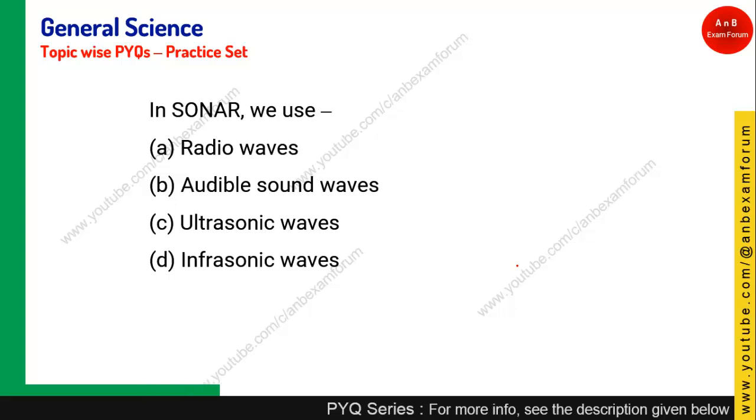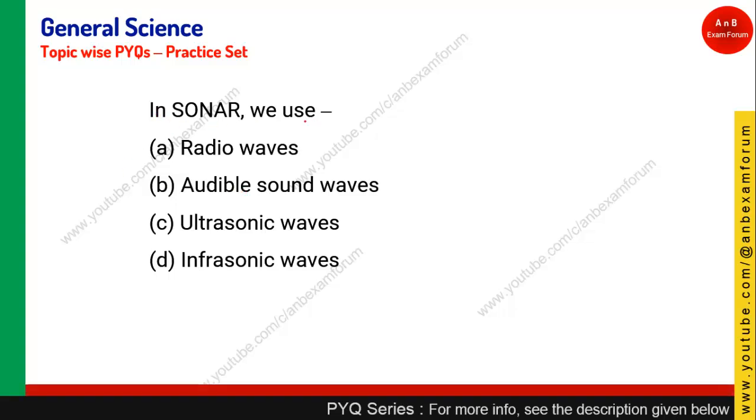Again, it is basically related to distance, and it is used basically in navigation. So in sonar we use which type of wave? SO means sound, navigation and ranging. The full form you should know: sound, navigation and ranging.